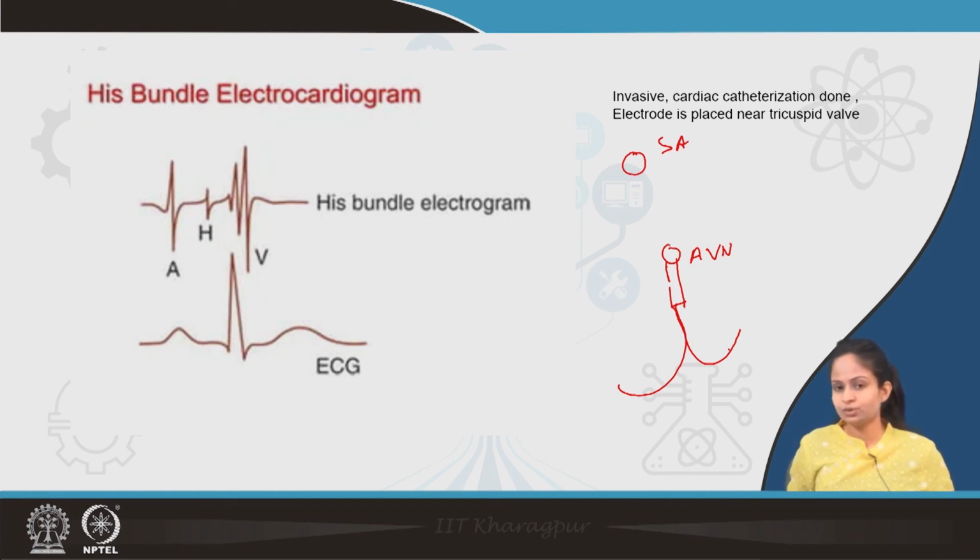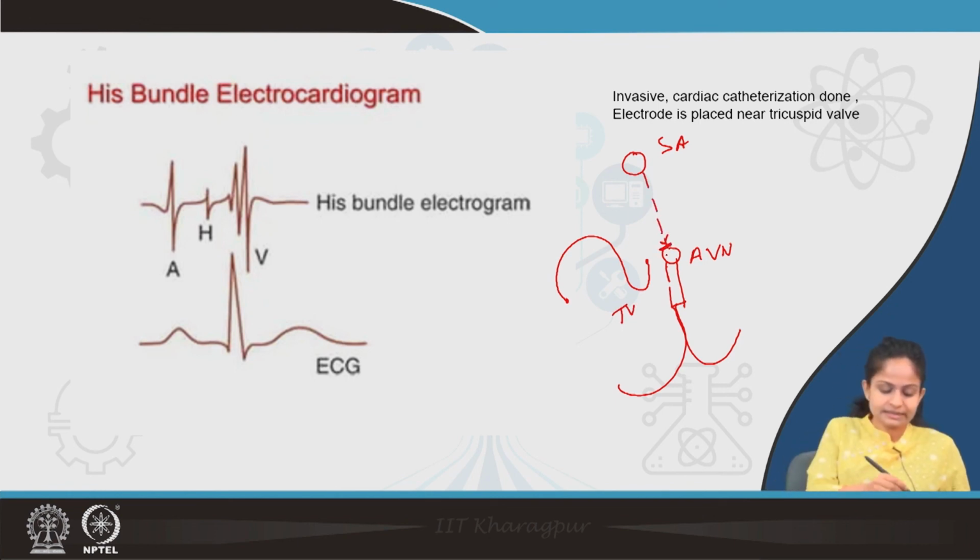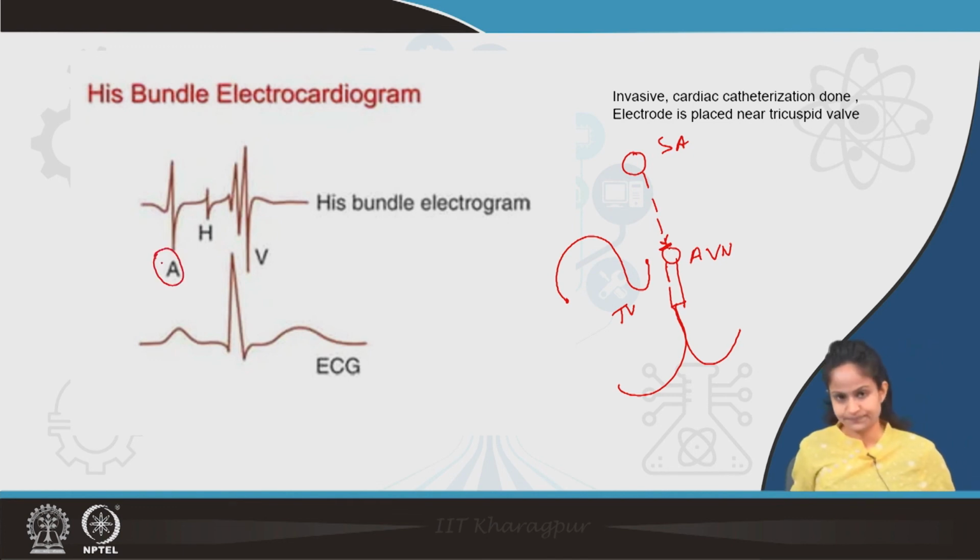At that time we have to do an invasive procedure, that is cardiac catheterization, where we insert a catheter with an electrode on the tip through a peripheral vein close to the tricuspid valve to measure the activity of the AV node. Whenever the impulse travels to the AV node and comes to the AV node tip, we get the AV node activation.